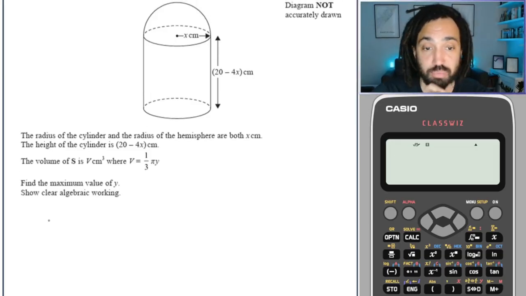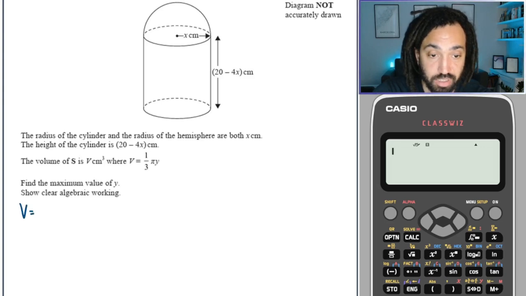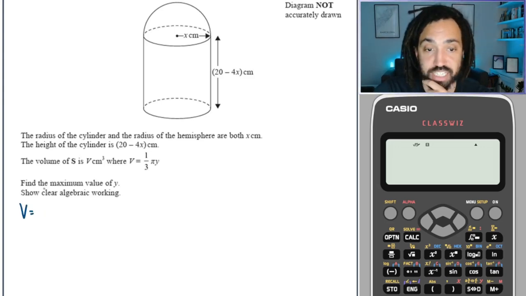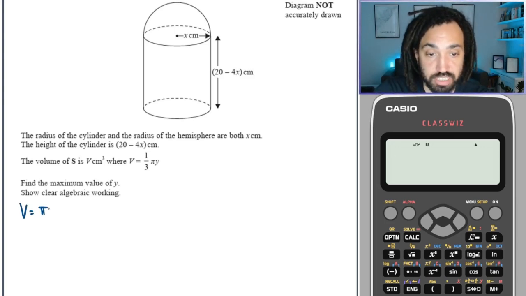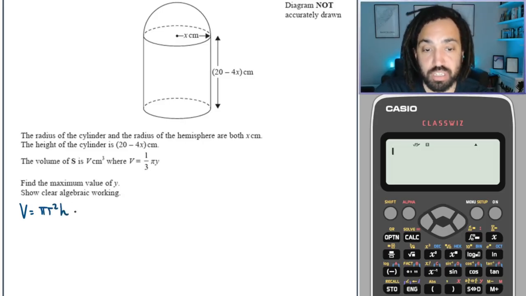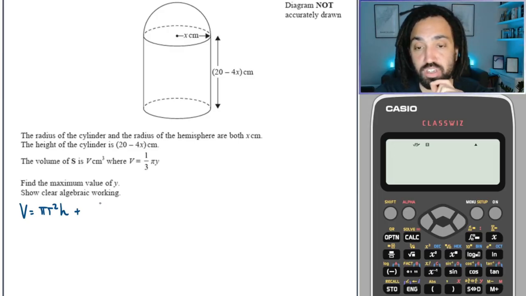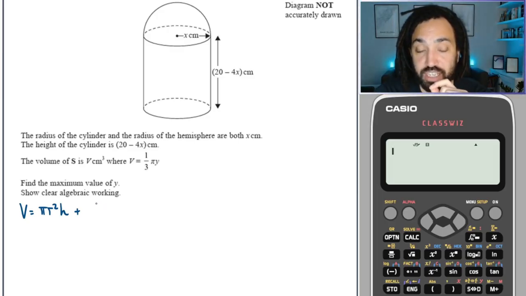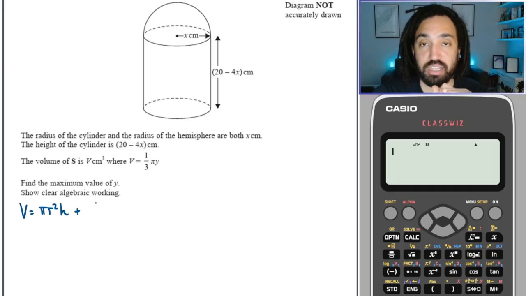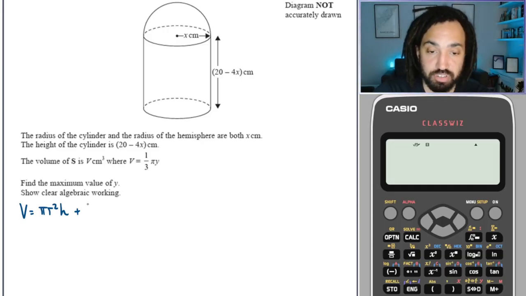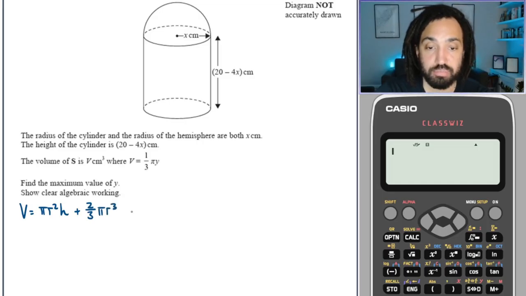Right, we're going to start by actually finding the volume then. So the volume is a cylinder. The formula for a cylinder is the base area, which is pi r squared, times the height, plus a hemisphere. Now the volume for a sphere is 4/3 pi r cubed, so a hemisphere is half of that, 2/3 pi r cubed.